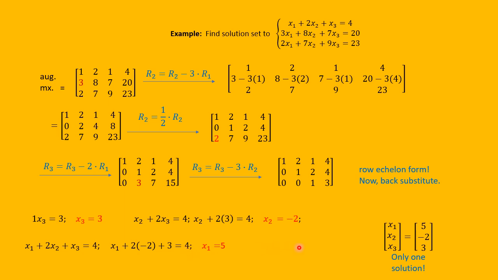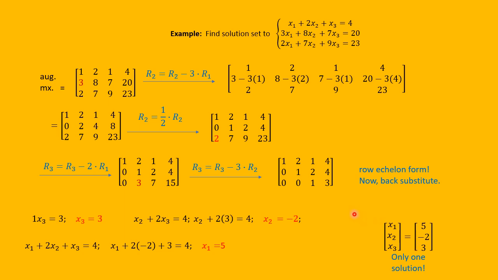And so x sub 1 is going to equal 5. So the solution to this system of equations is the column vector x1, x2, x3 equals 5, minus 2 and 3. This is the only solution to that system of equations.